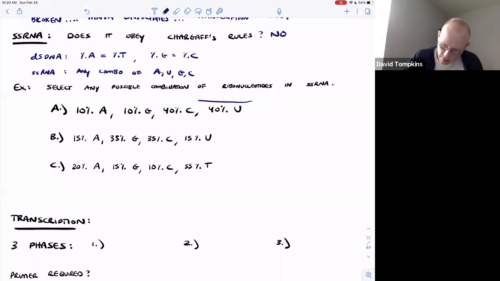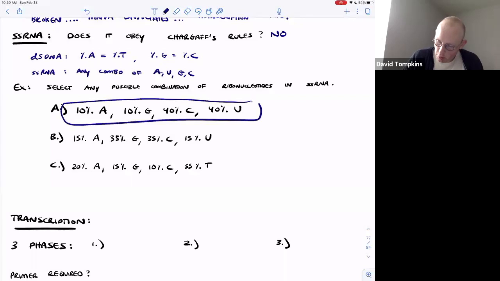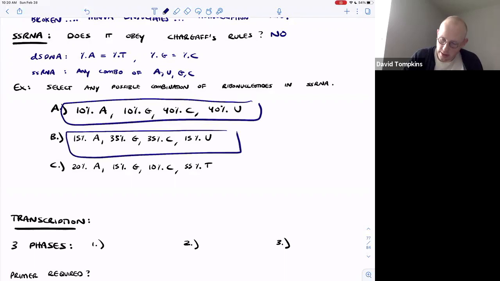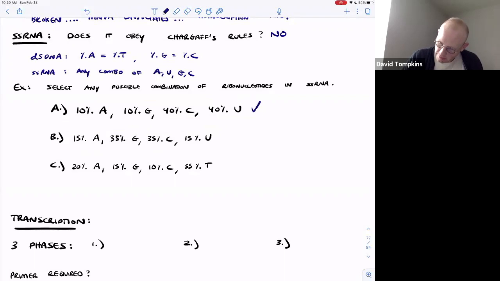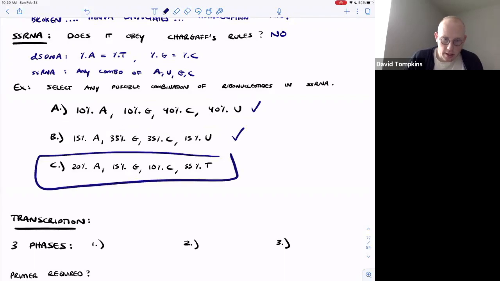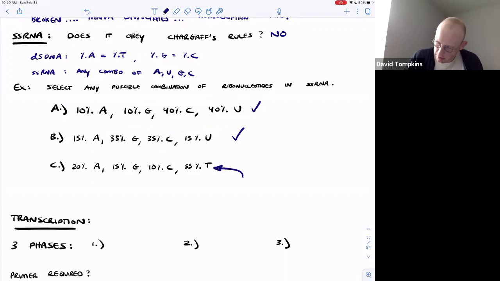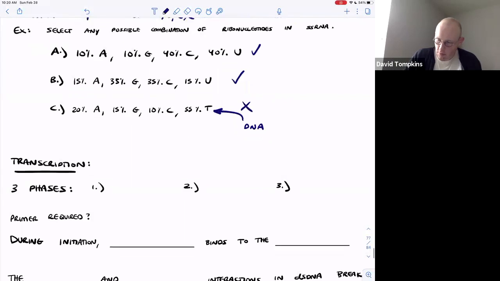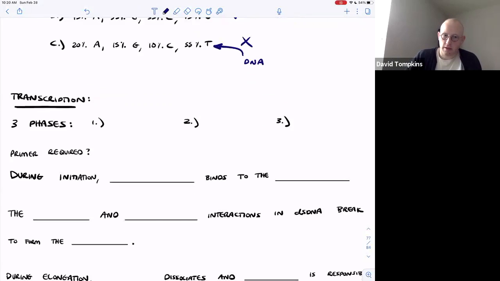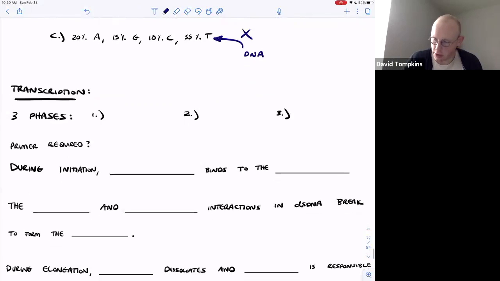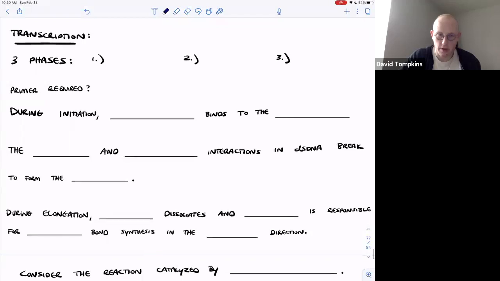And as long as they sum to 100% and you've got the appropriate nucleotides, cases A and B, those are fine. But of course, C is incorrect because this has thymine, which is present in DNA instead of RNA. So watch out for questions like that. A lot of people get caught up thinking that it's DNA and therefore the base pairing rules will tell you the percentages. And here in single-stranded RNA, they don't.